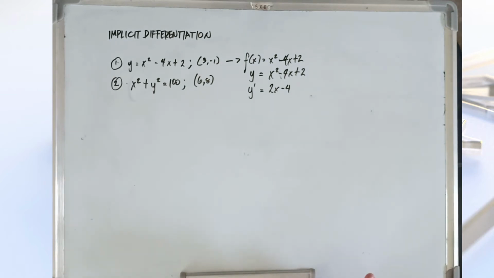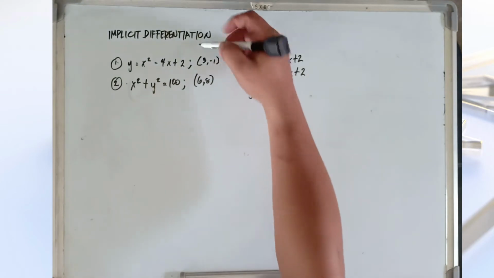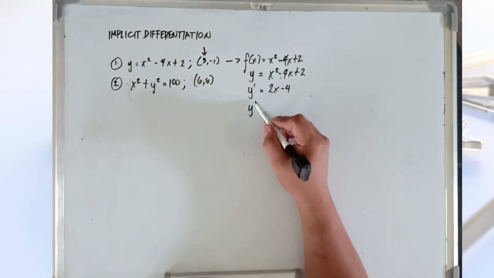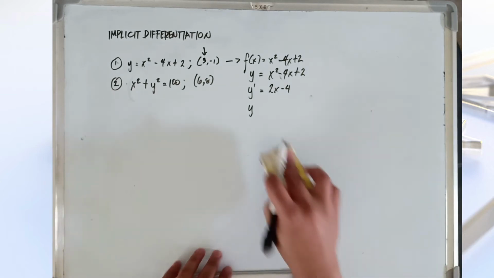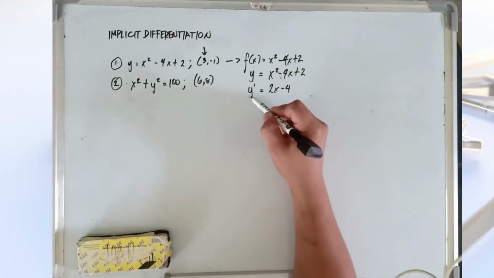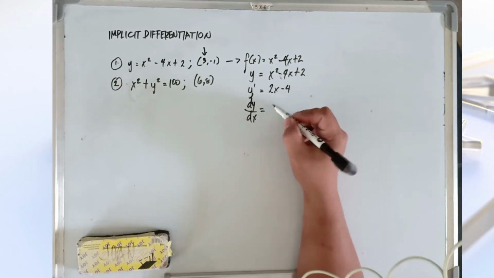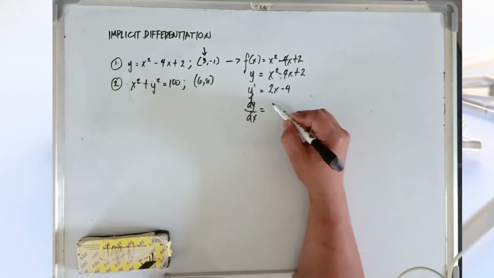Now to find the slope, let's replace x by the abscissa of the given point of tangency. The abscissa of the point of tangency is 3. We know that y prime is also our dy over dx, which is the slope, delta y over delta x, same.